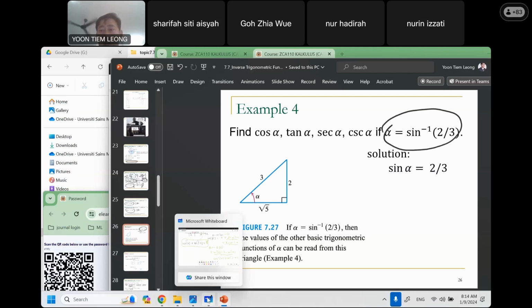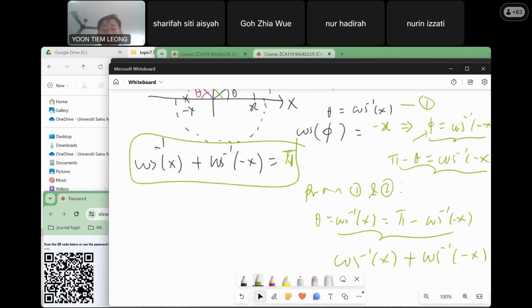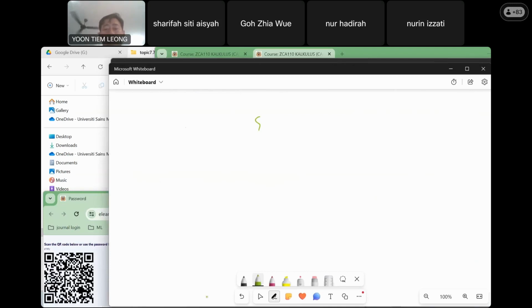I have alpha equals arcsine of 2 over 3, which is an angle. So I'll label the angle using alpha. Conventionally, we label angles using Greek letters such as alpha, beta, gamma. Then we reserve the symbols x, y, z for real numbers, which describe non-angles. So when you see a Greek symbol such as alpha, beta, or gamma, that usually refers to an angle.